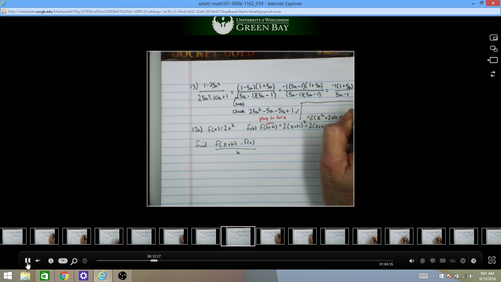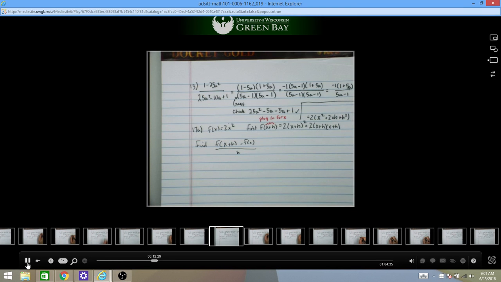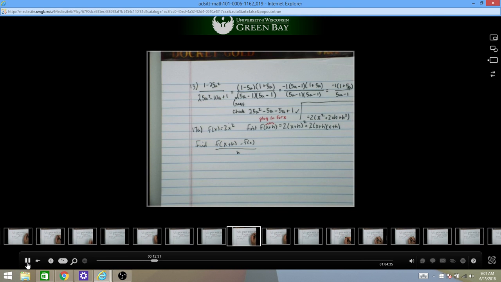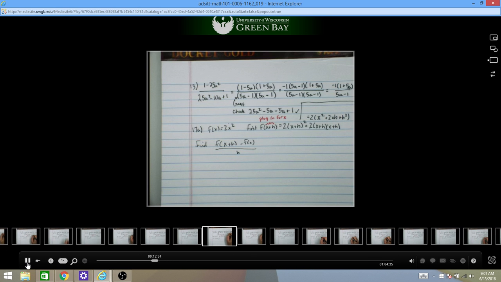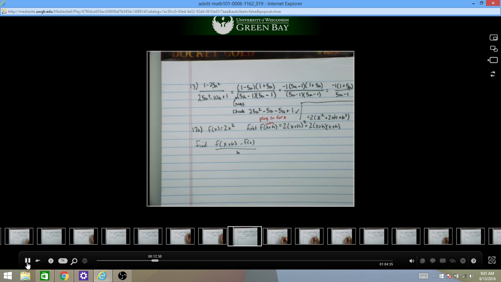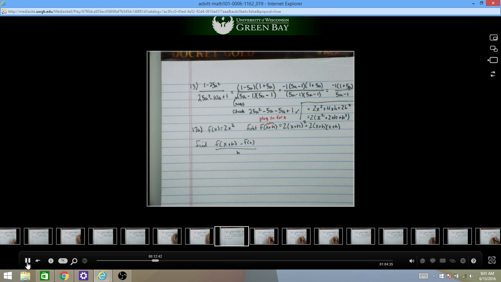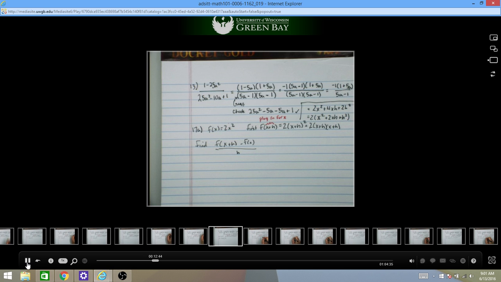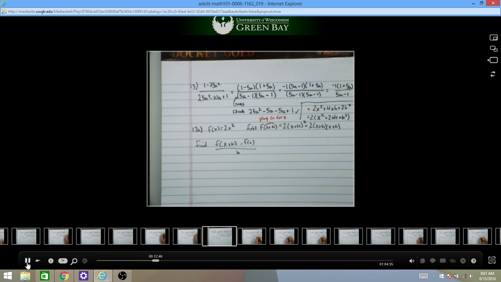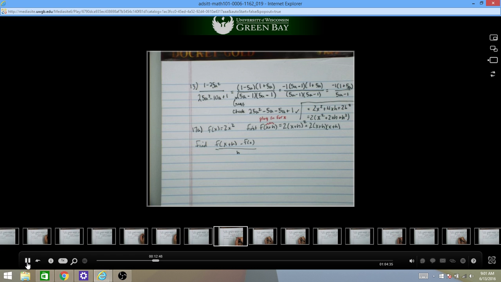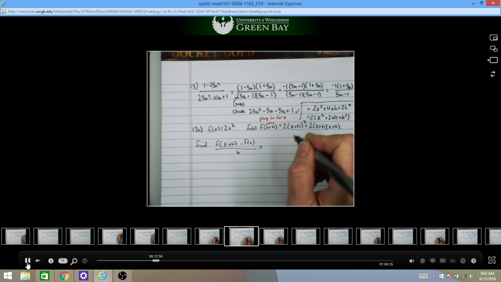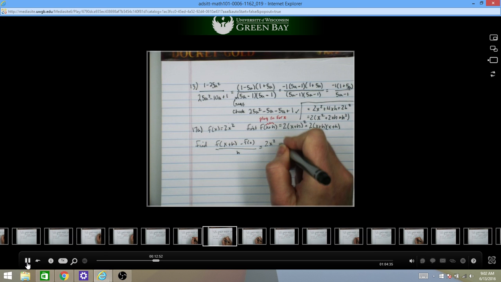And then you can distribute the 2. So we have 2x squared plus 4xh plus 2h squared. So that's the part that's the f of x plus h. So we'll write that down. 2x squared plus 4xh plus 2h squared.